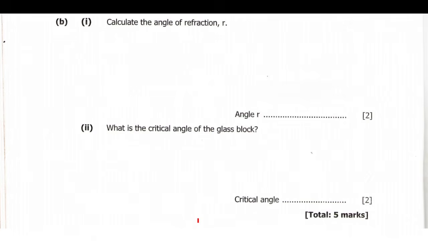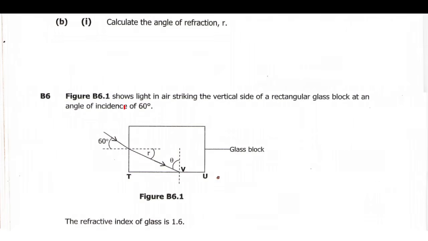All right, so B1 reads, calculate the angle of refraction. So they need us to calculate this angle of refraction here. We know, using Snell's law, that refractive index is equal to sine of the angle of incidence divided by sine of the angle of refraction.